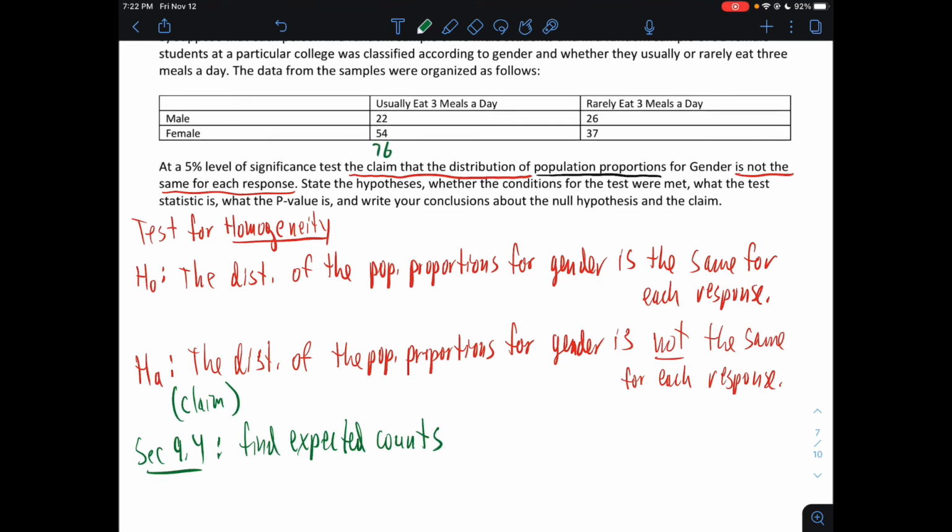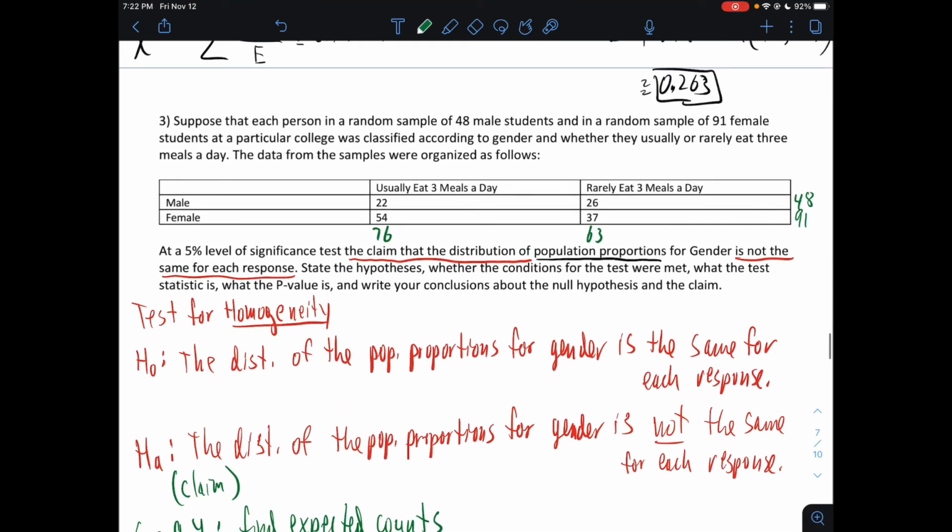And then the next column, 26 plus 37 is going to give me 63. And then for my rows, 22 plus 26 is going to give me 48. And then 54 plus 37 is going to give me 91, which we do know because that was given to us.